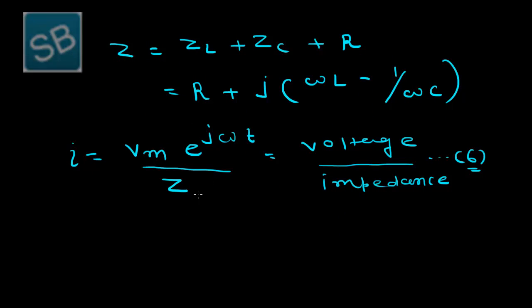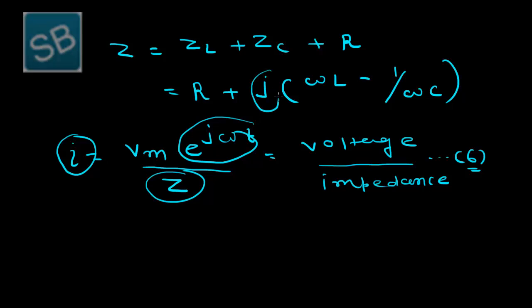This equation is Ohm's law with the complex current I, the complex voltage and also the impedance. And if you see the equation of impedance, where a complex quantity is arising, this Z is also considered complex.